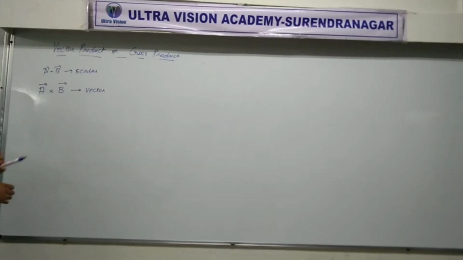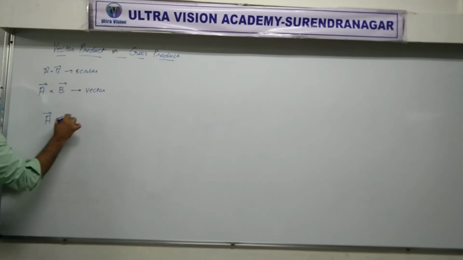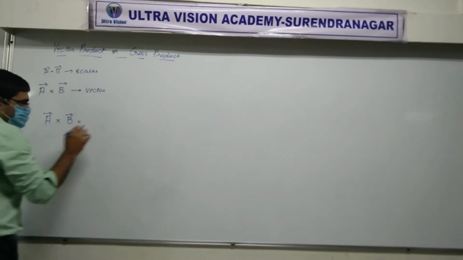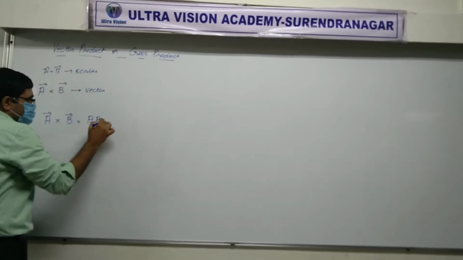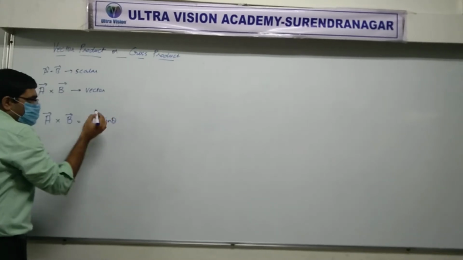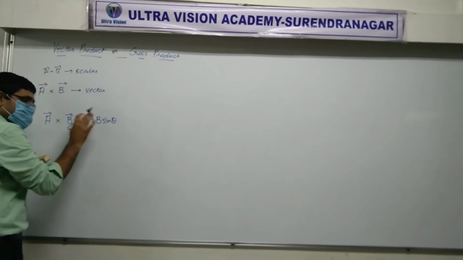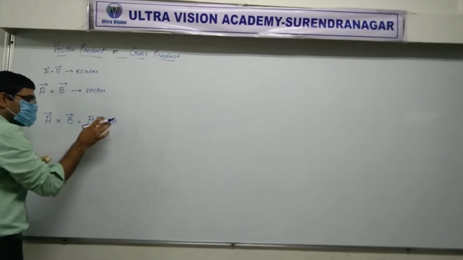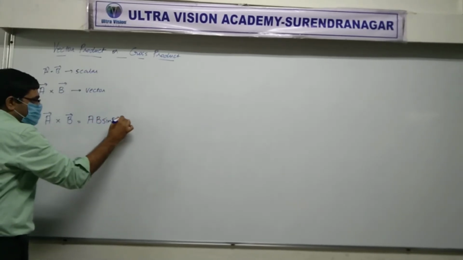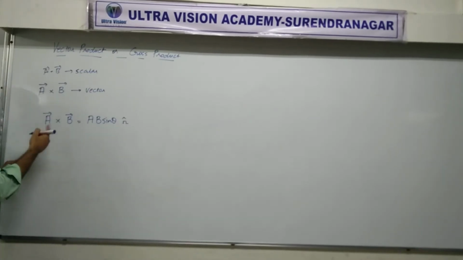Now how do you find this thing? Definition. A vector cross B vector is equal to AB sin theta. Instead of cos theta, this will be sin theta. But similarity ends over there. Everything else is different. And then we have to write n hat. A vector cross B vector is equal to AB sin theta n hat, or n caret.